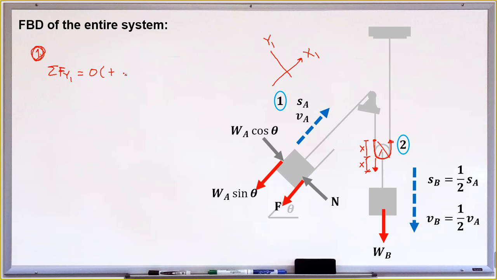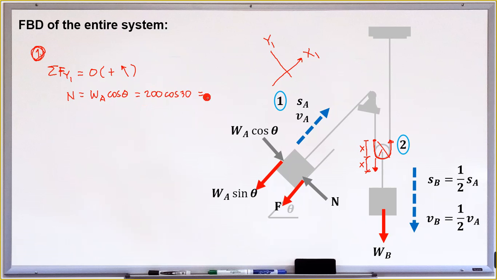Take positive if paana iya direction. So si normal force raman og si WA cosine theta ang naa. So normal force equals WA cosine of theta. Our theta is 30 degrees. So our weight ni block A is 200 pounds. So we have 200 pounds and then cosine of 30.